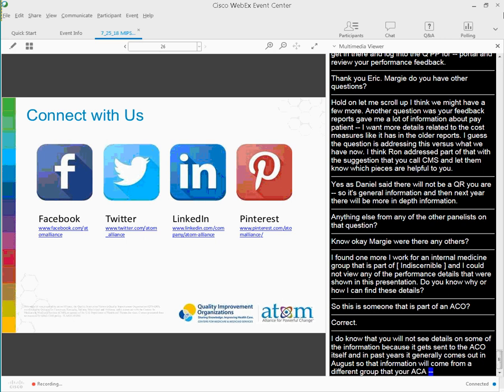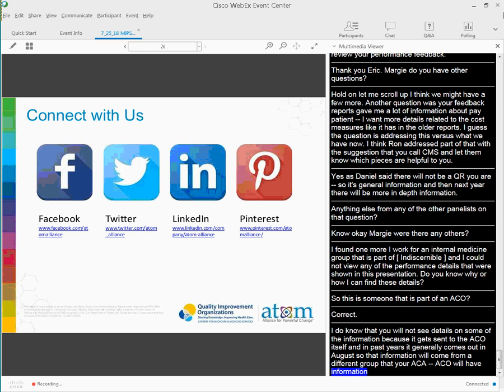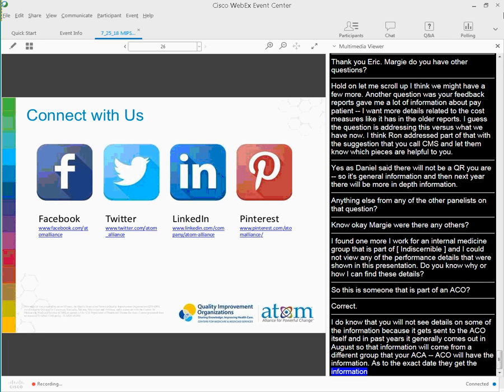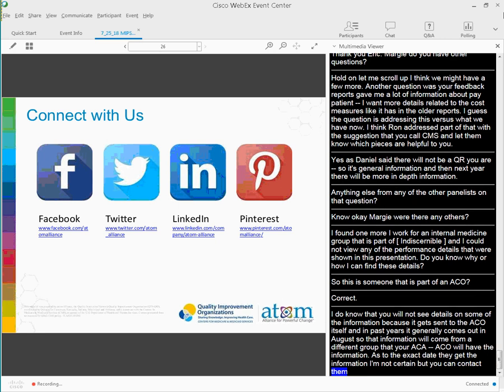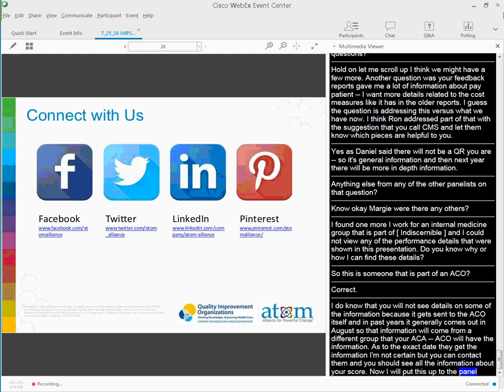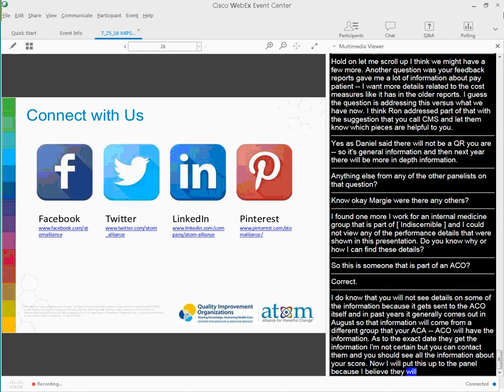As to the exact date that they will get the information, I'm not certain, but you can definitely contact them and you should see all the information about your scoring. Now, I will put this out to the panel because I believe that they would be able to see their advancing care information. Have you not seen that?